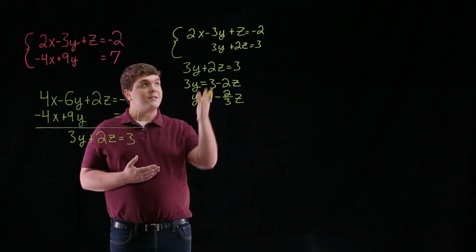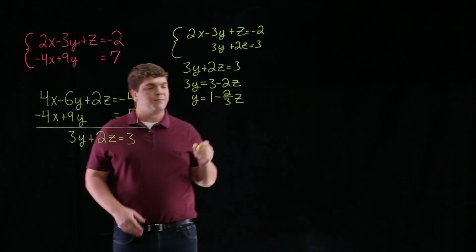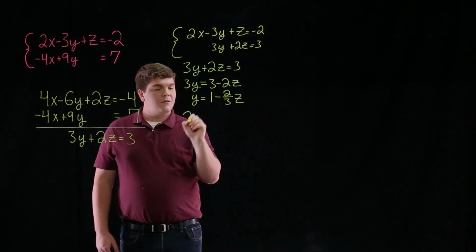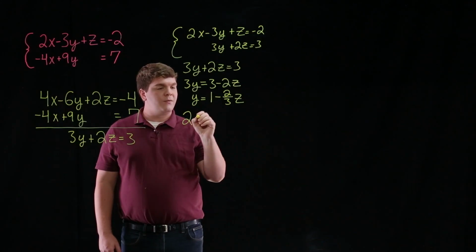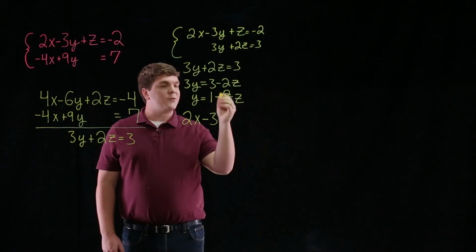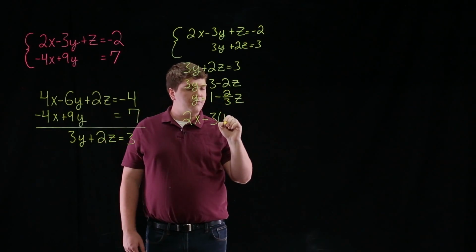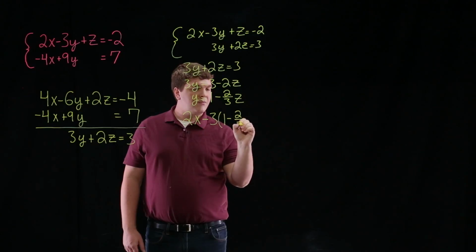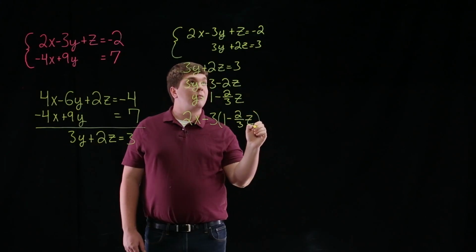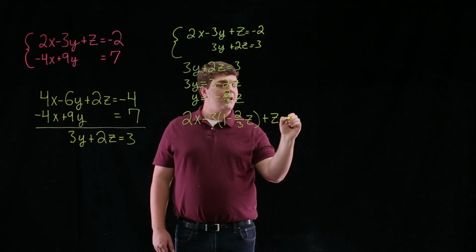Now we can substitute this into the first equation to solve for x in terms of z. So we'll have 2 times x minus 3 times y, which we said was 1 minus 2/3 z, plus z equals negative 2.